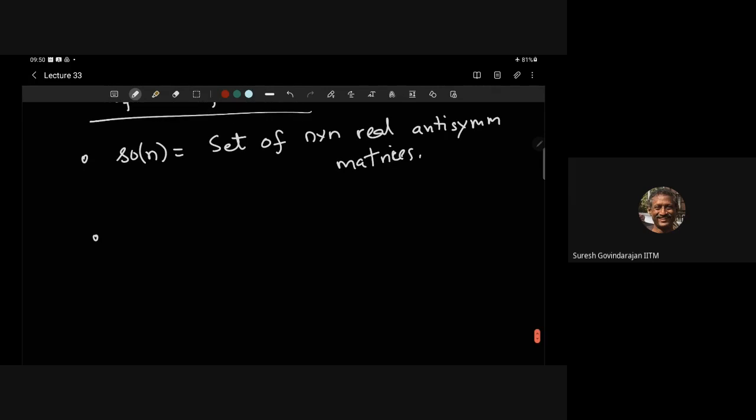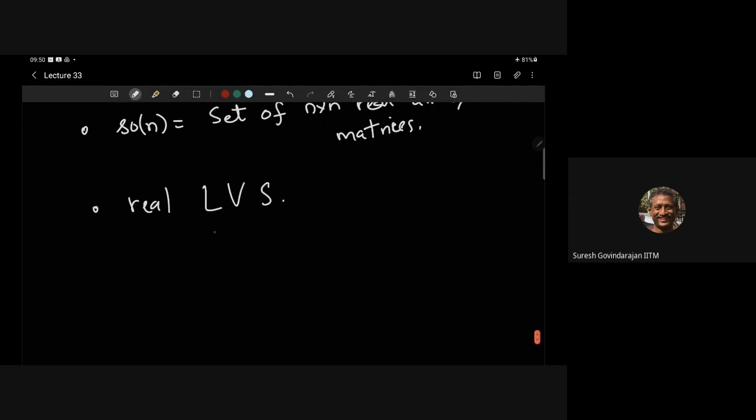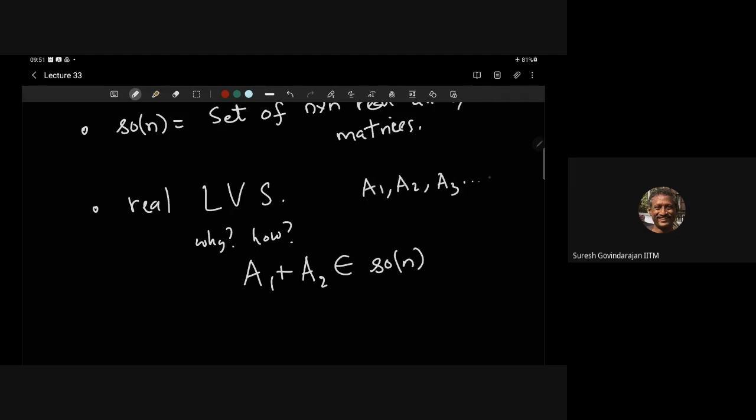But now the point here is that it is a real linear vector space. Why? Or how? Okay, A1 plus A2 belongs to SO(N). Let A1, A2, A3, etc. belong to little so(n), that means n by n antisymmetric.